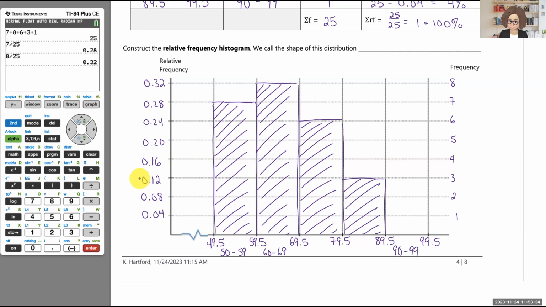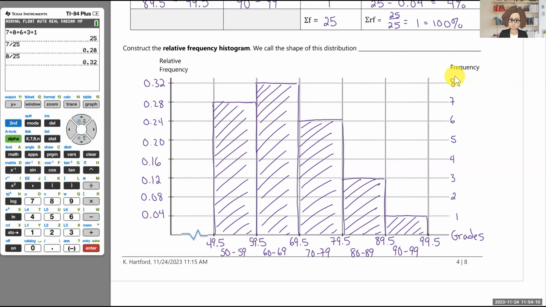There was just one of them, and that was equivalent to 0.04 as a relative frequency. All right. So just for completion here, I'm writing in my other limits at the bottom. All right, so my x-axis here represented grades, and that is called a relative frequency histogram if you present relative frequency, or again, we could have just done frequency, and that would be a frequency histogram.